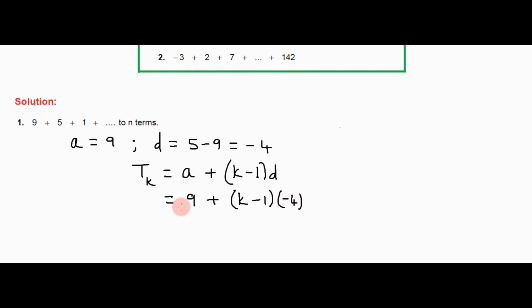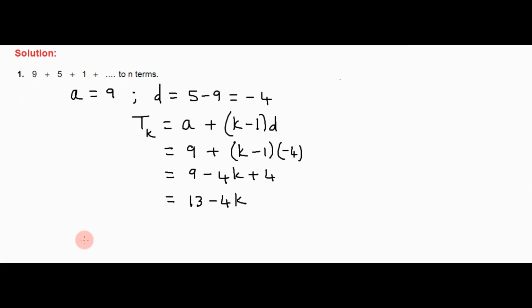Now we simplify. And we see that T sub k, the general term basically, is 13 minus 4k. So when we write something in sigma notation, we always find the general term, T sub k.